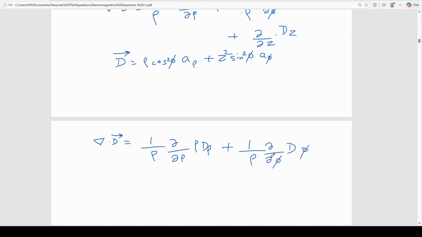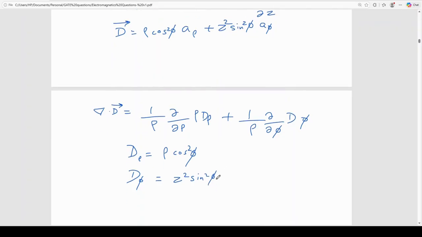And then dou by dou z of Dz is 0 here because there is no z component. So we solve what is this. Now rho times D rho is rho squared cos squared phi, and D phi is z squared sin squared phi.